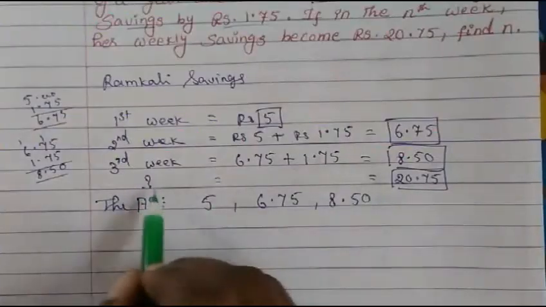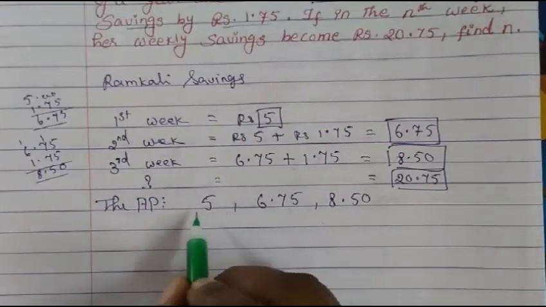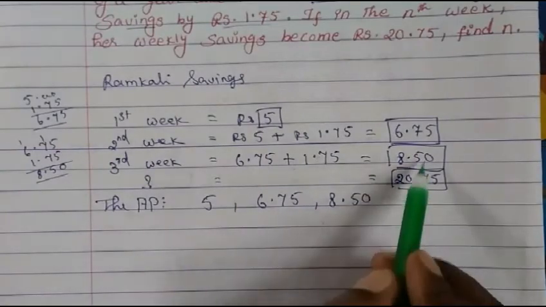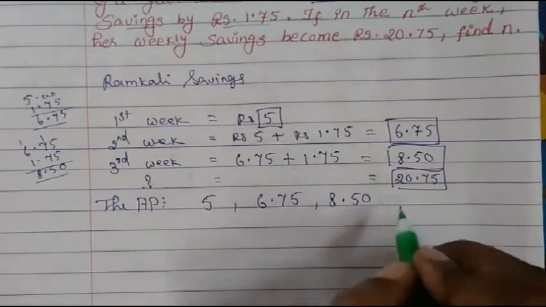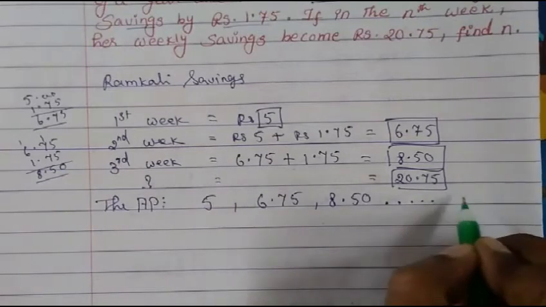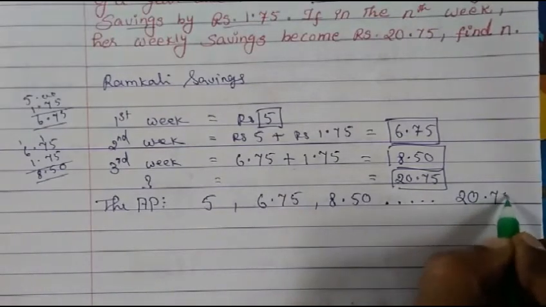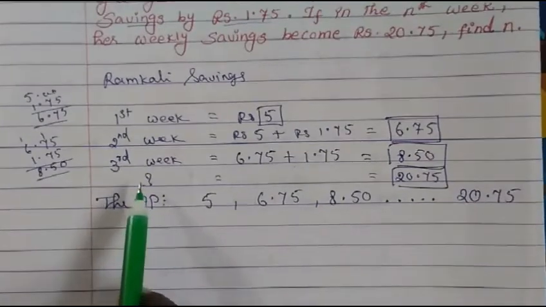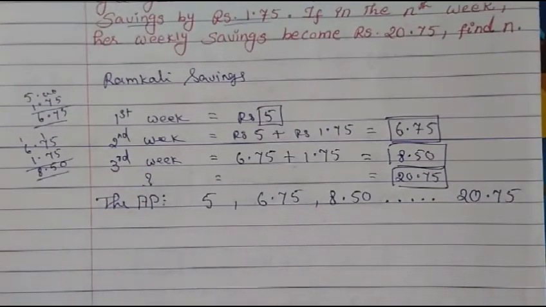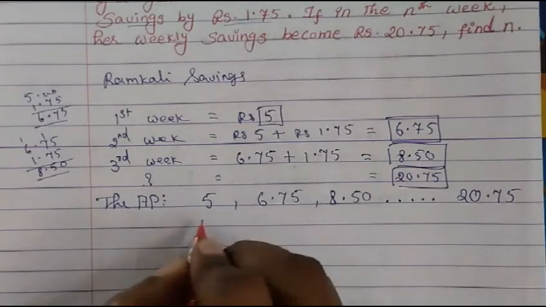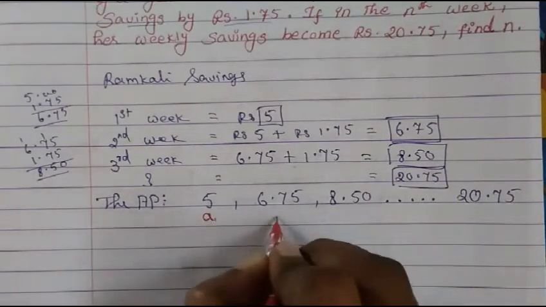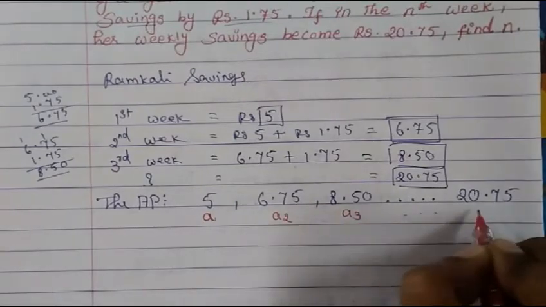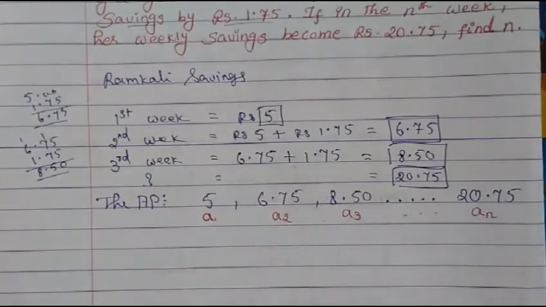So let's find out the nth value. So now here it will be first 5, then second 6.75, then third 8.50, then dots because we don't know, and the last will be 20.75. So we have to find out the number of terms. So now this we consider as a or a1, a2, a3, and this will be our an.